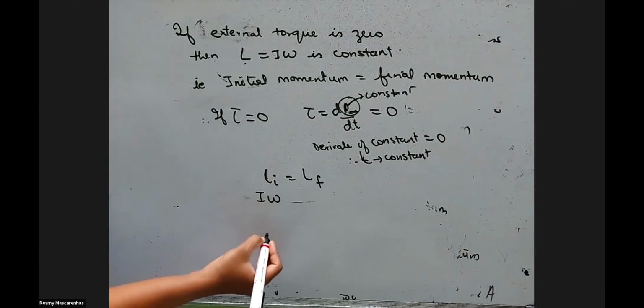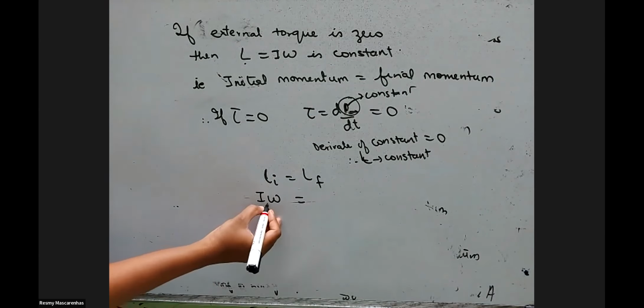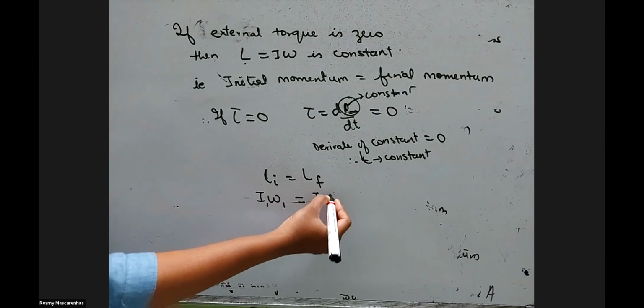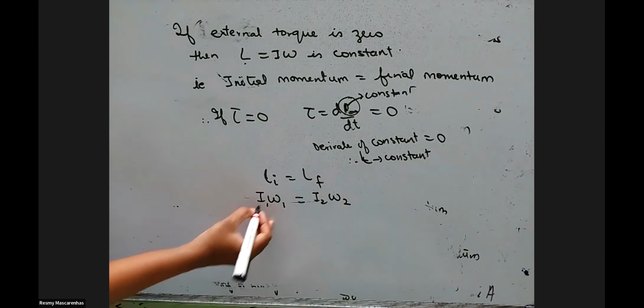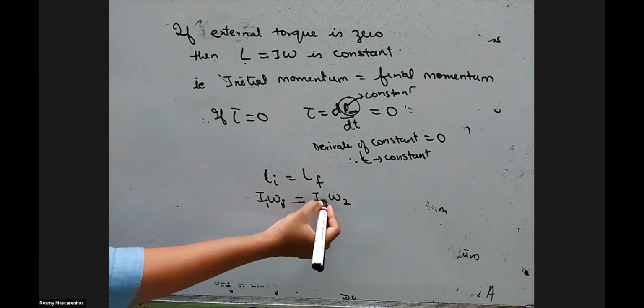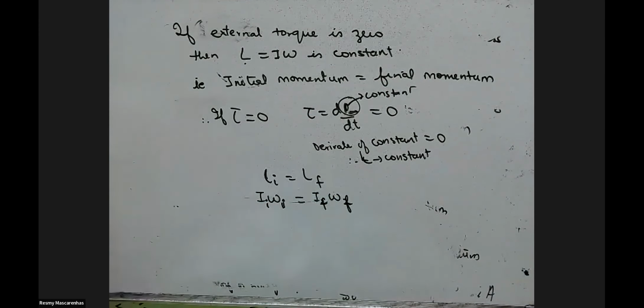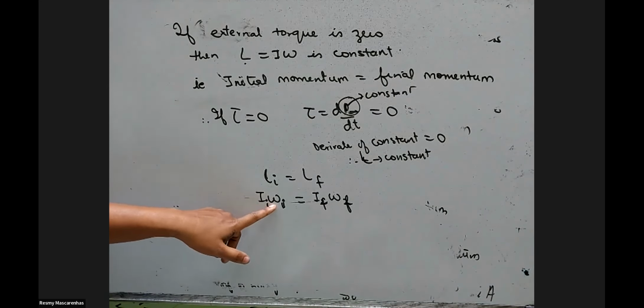So I omega initial equals I omega final. No matter what, if one increases, the other has to decrease so as to maintain the constant.